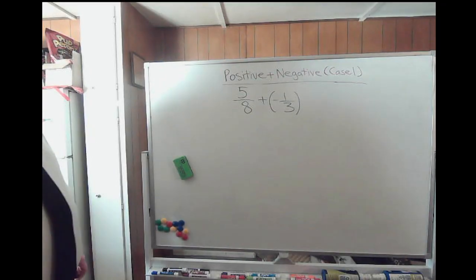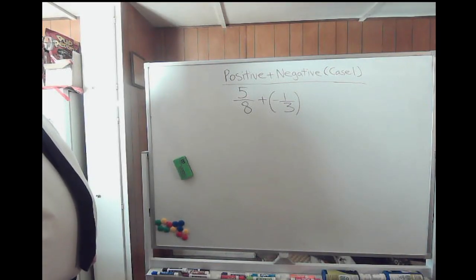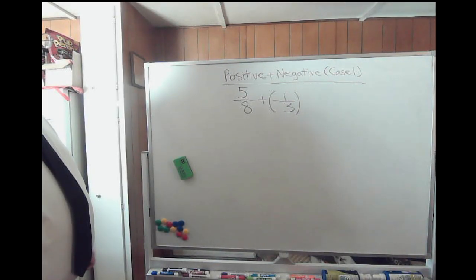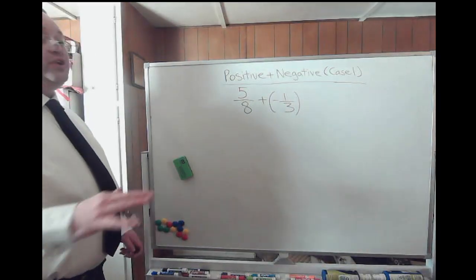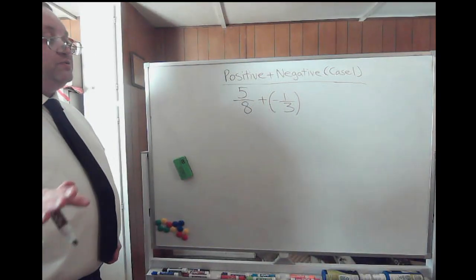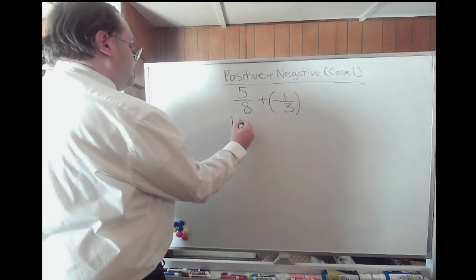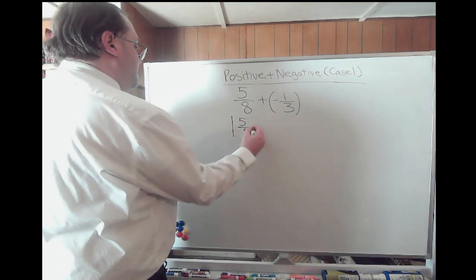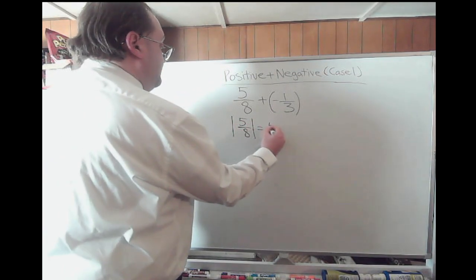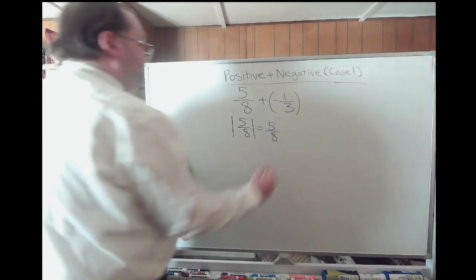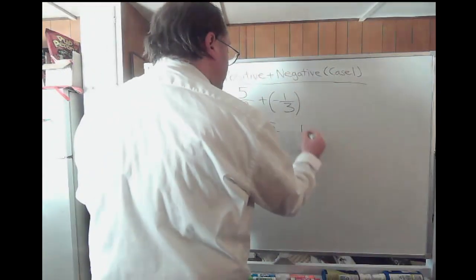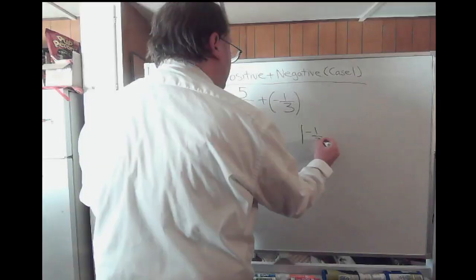Well, again, before you proceed to trying to find the solution, you want to find the nature of the solution, so you'll take the absolute value of 5/8, which would actually equal 5/8, and then of course you'll take the absolute value of negative 1/3.